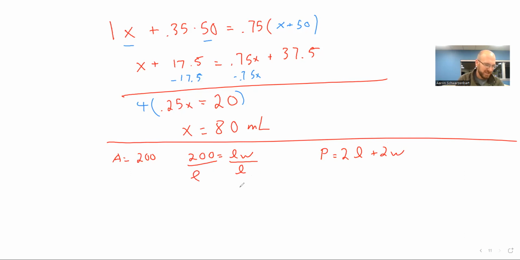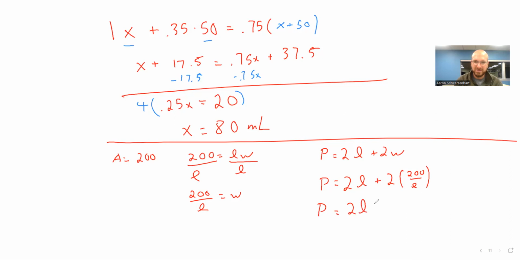This is example 6. I'm using L and W instead of x. So I'm dividing both sides. I'm solving the one equation for W so I can substitute. Perimeter is 2L plus 2 times 200 over L. So P is 2L plus 400 over L. To find a minimum, I'm going to graph, and I'm going to use 2x plus 400 over x, because that's how I graph.